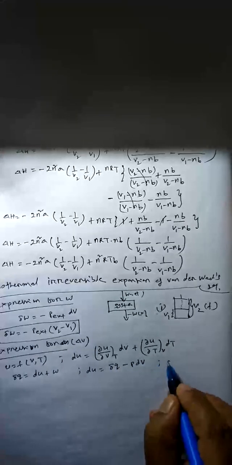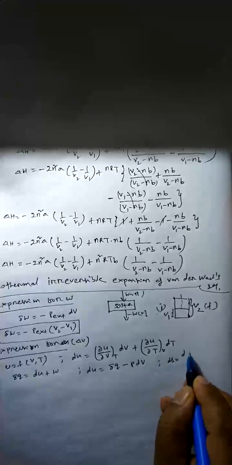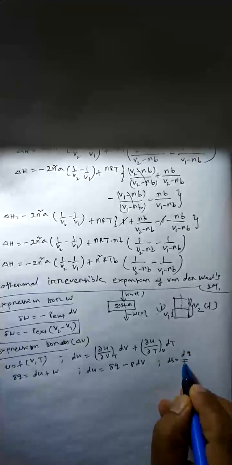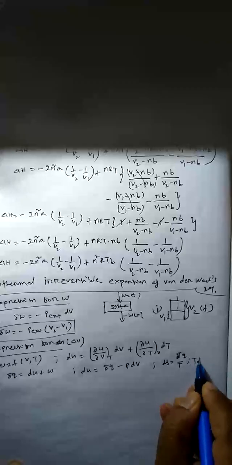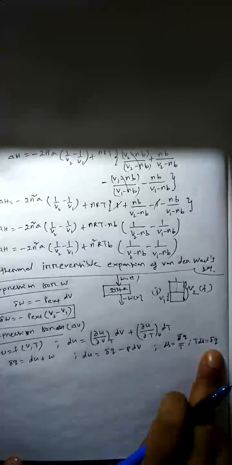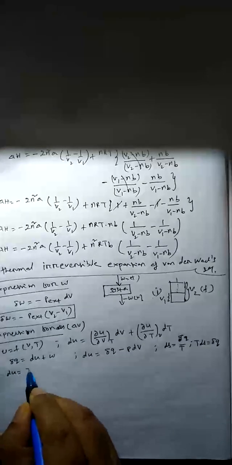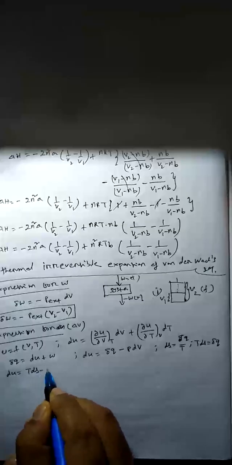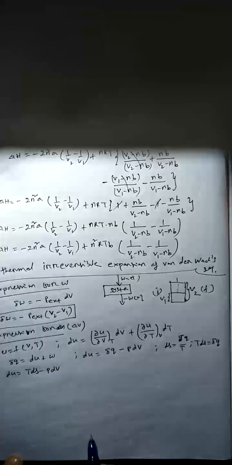We know that entropy dS is equal to del Q by T. Then T dS is equal to del Q. Now substitute this del Q value here. We get dU is equal to TdS minus PdV.